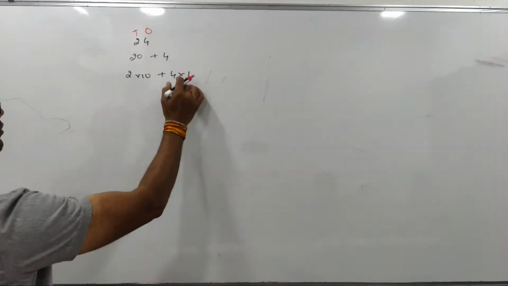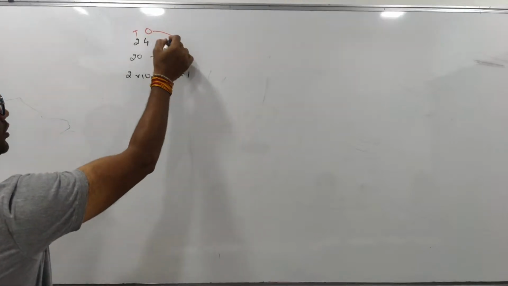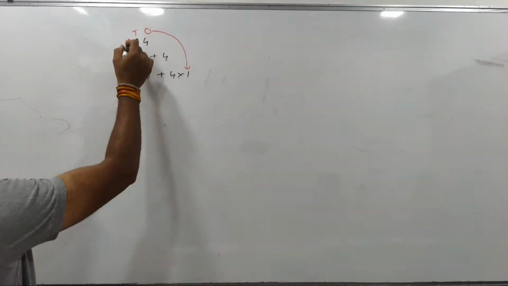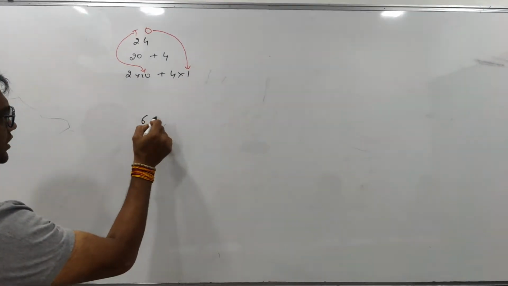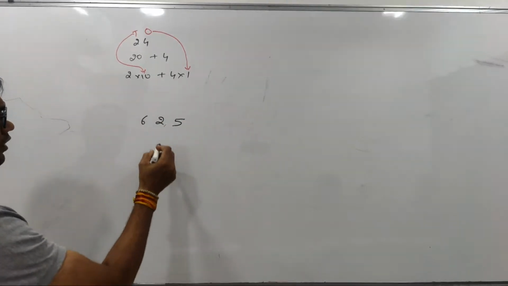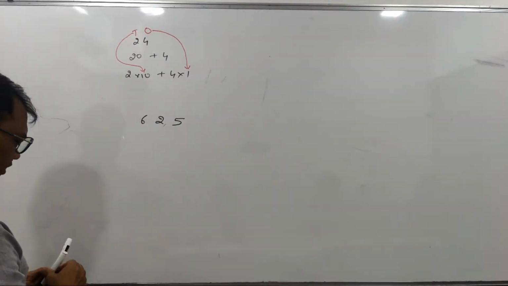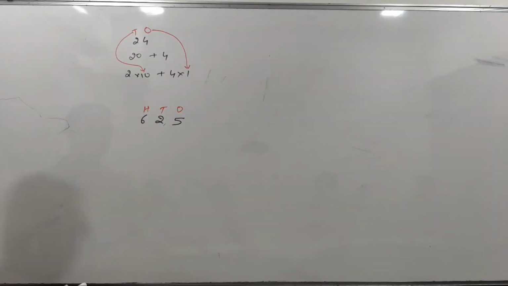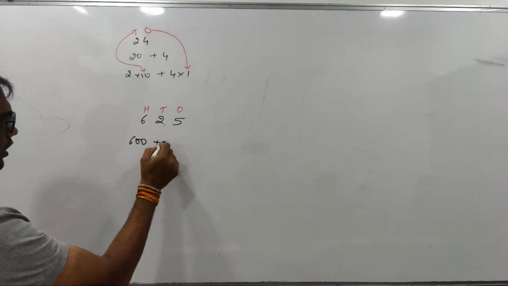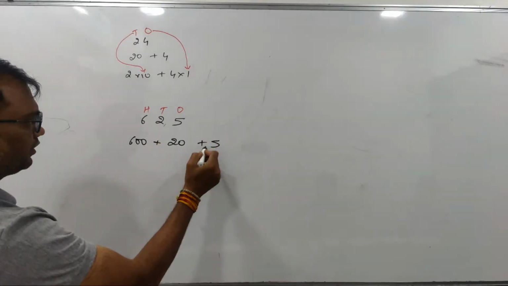So why is this multiplied by 1? Because it is the ones digit, so you multiply by 1; this is the tens digit, so you multiply by 10. Suppose the number is 625. This is the ones digit, tens digit, hundreds digit, which we can write as 600 plus 20 plus 5.